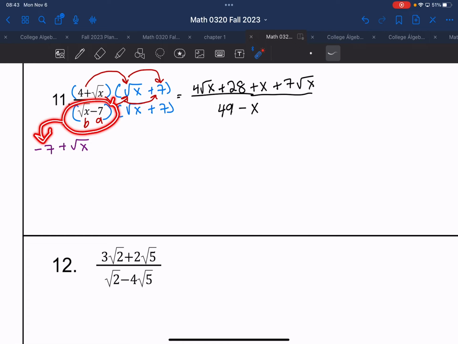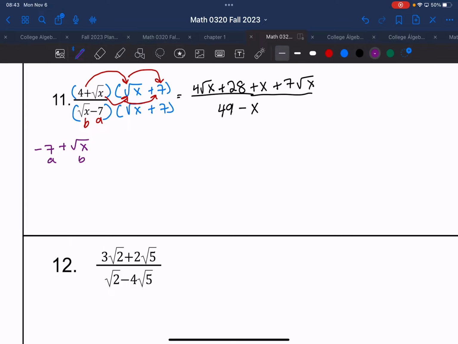I just put the number first and then the square root second. Which means that when I write this out and I square it, this is going to be my a and my b.